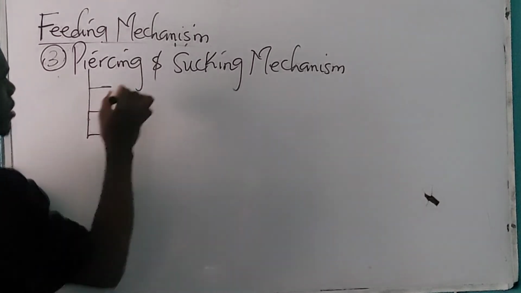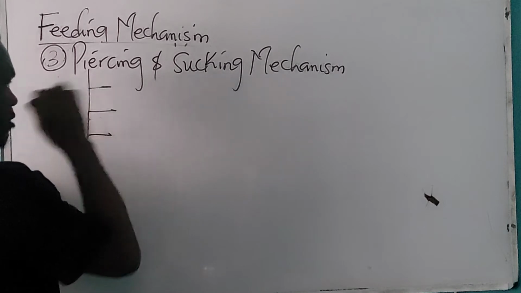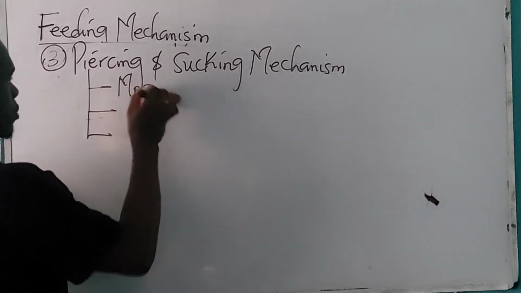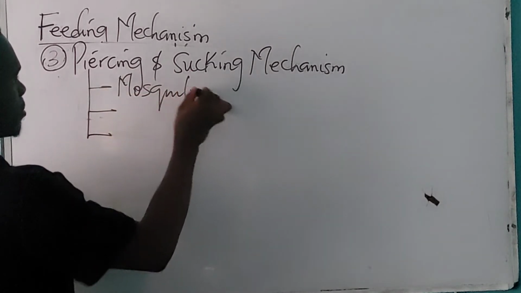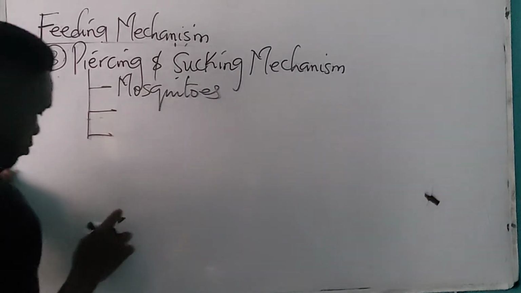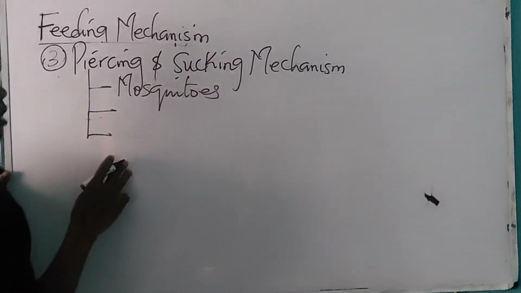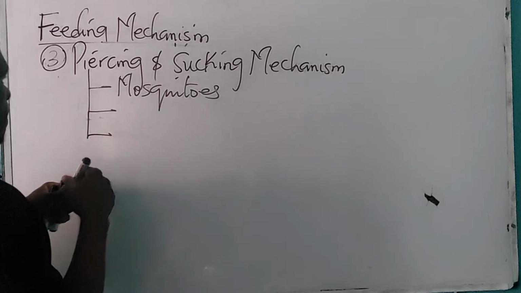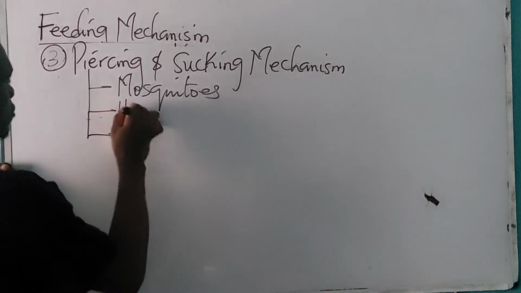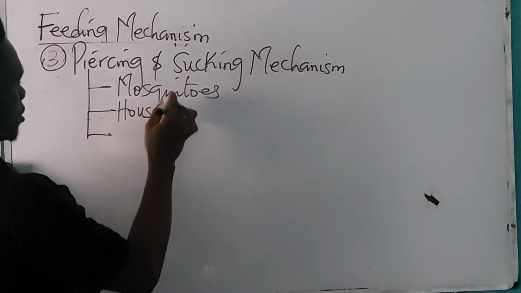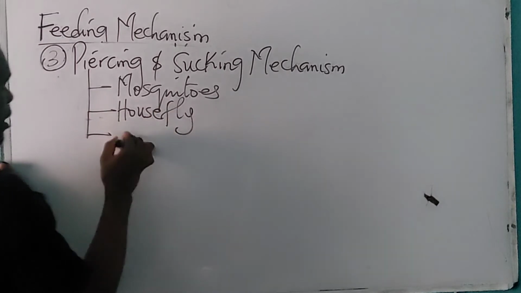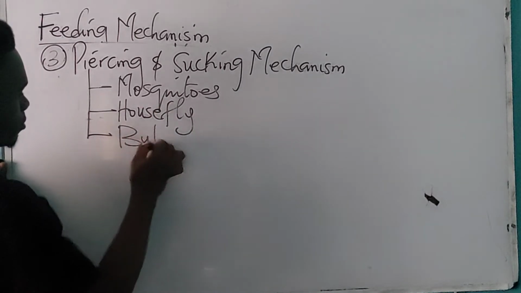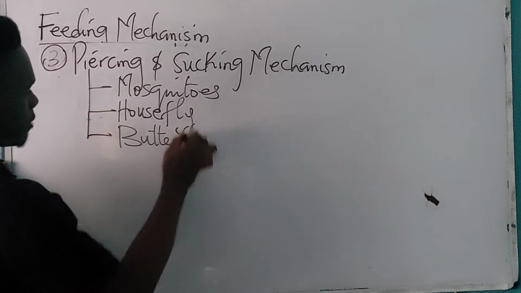piercing and sucking mechanism. You have the mosquitoes, which are examples of piercing and sucking organisms. You have the housefly, and you have the butterfly.